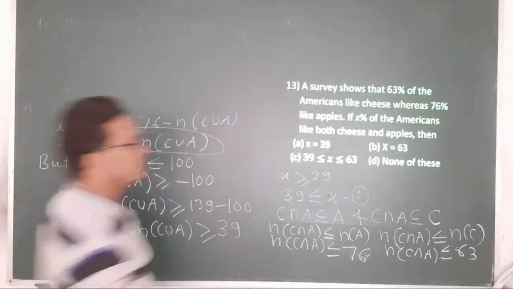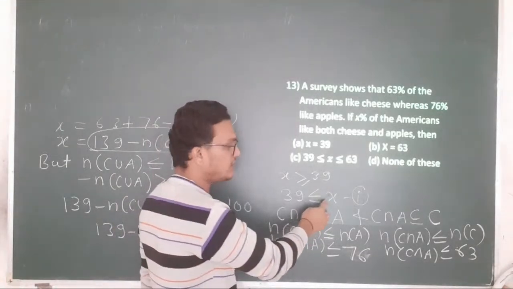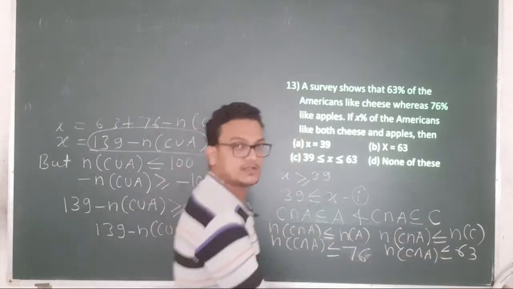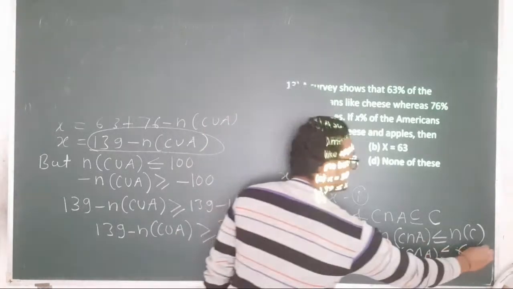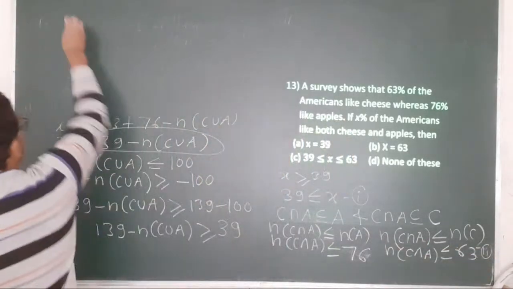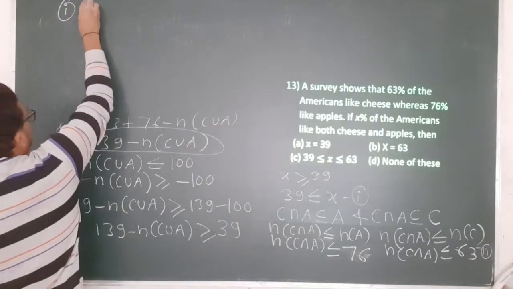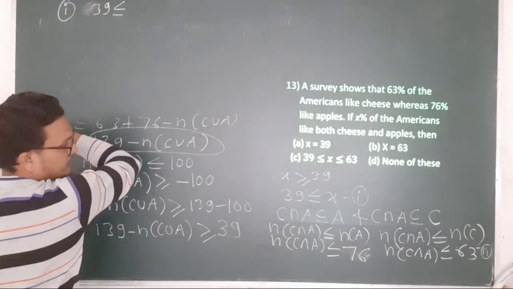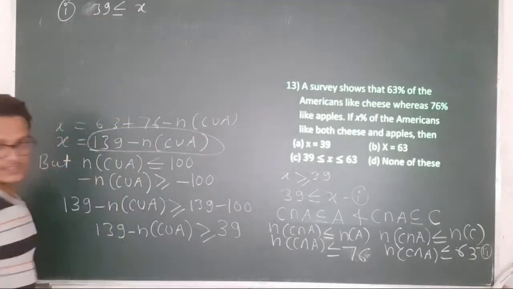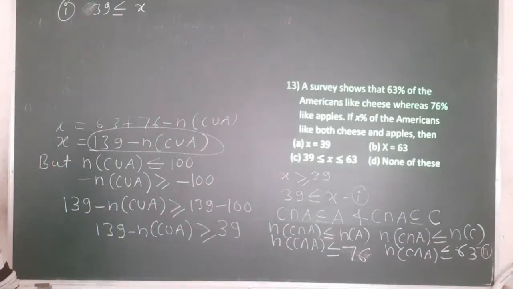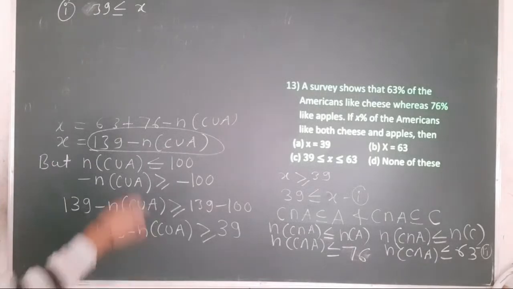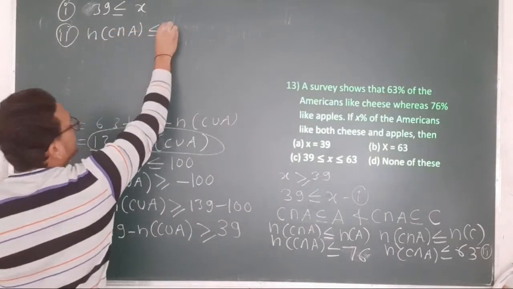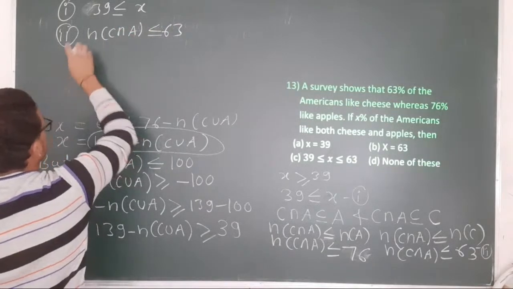This is your equation 1. For n of C intersection A less than or equal to 63, you have to take the second result. The first result is 39 is less than or equal to x. The second result I got is n of C intersection A is less than or equal to 63.